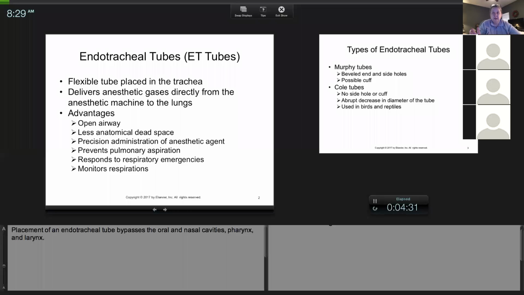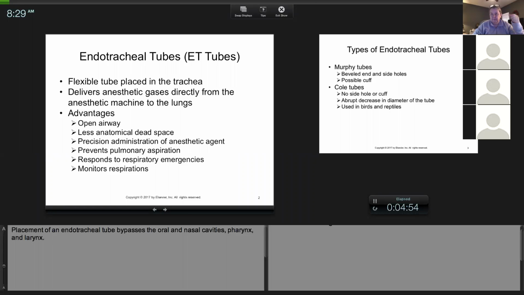In theory, say you had an animal you couldn't intubate, say they had trauma or an injury, you could give them propofol and put a mask on to just keep them asleep. But yes, it is faster because, again, you are bypassing. So I would say the better way to say it is it's more efficient delivery.